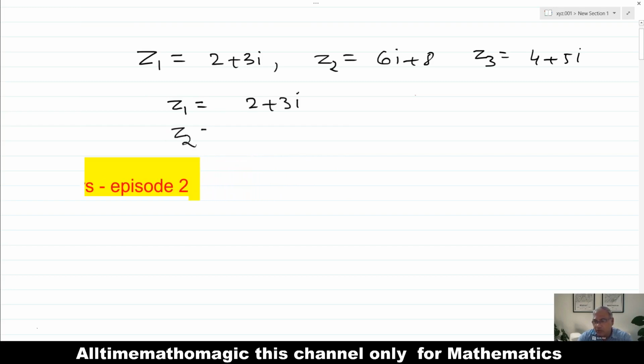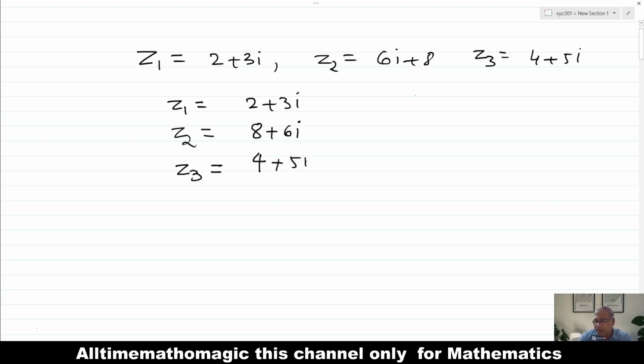Then you write Z2 such that the imaginary part comes below the imaginary part. Z2 is equal to 6i plus 8, so you write the similar parts together, the real part first: 8 plus 6i. Z3 is automatically arranged, the real part is first there.